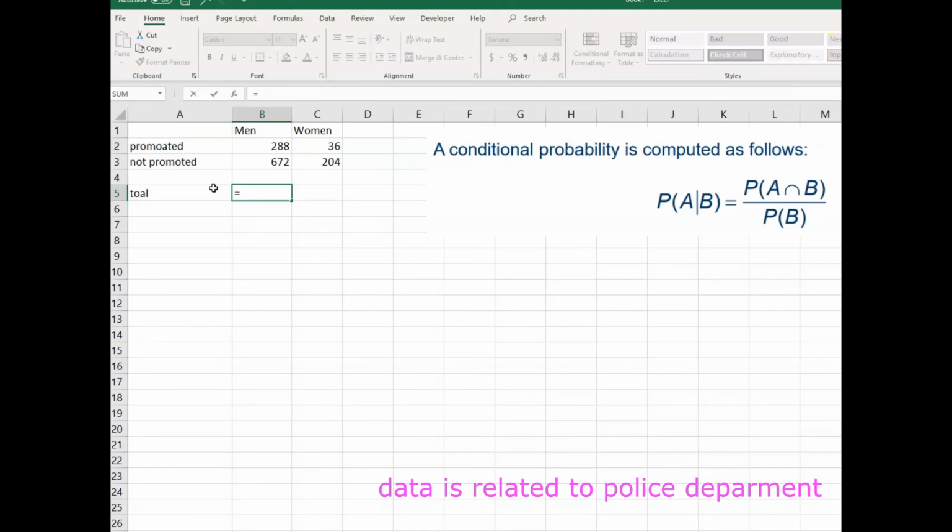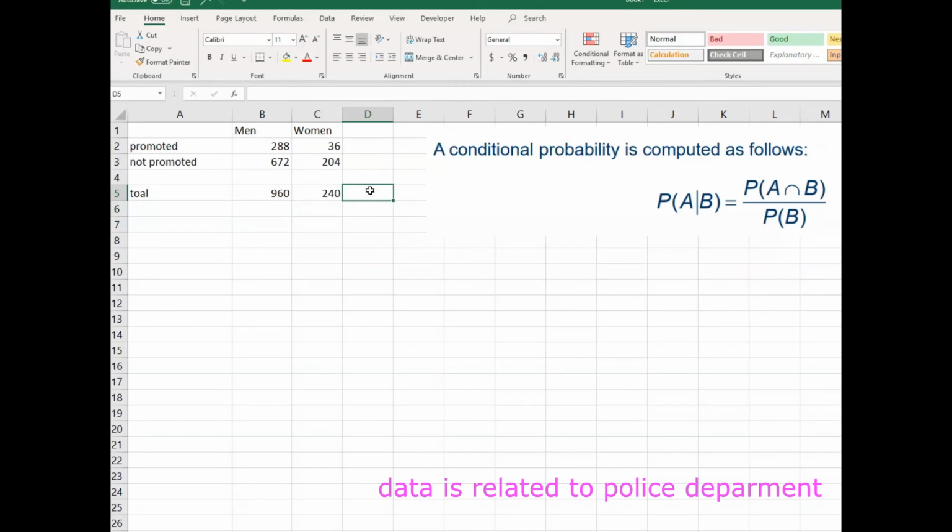The number of the male is simply the summation of promoted and not promoted. And apply the same formula, summation of promoted women and not promoted.